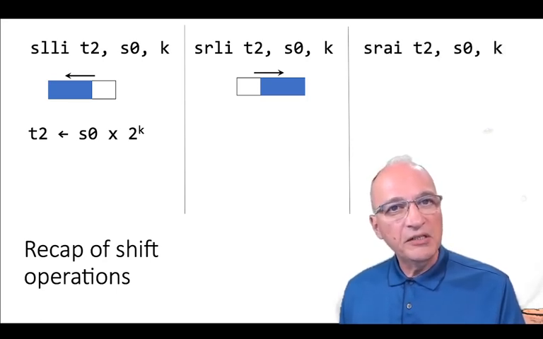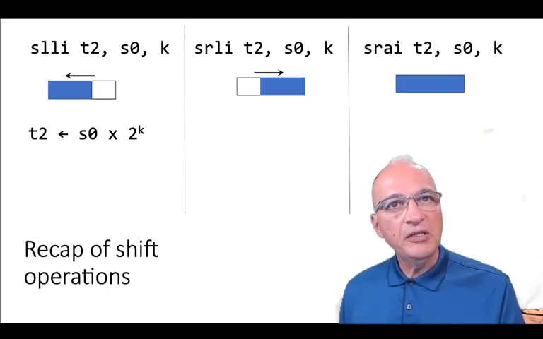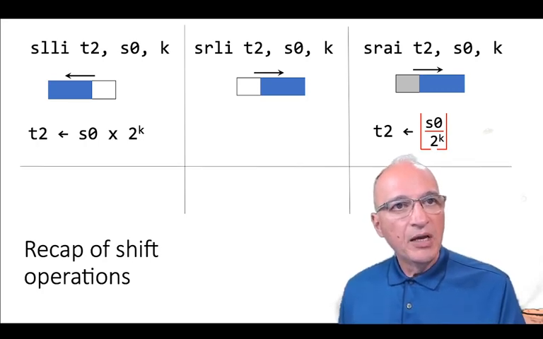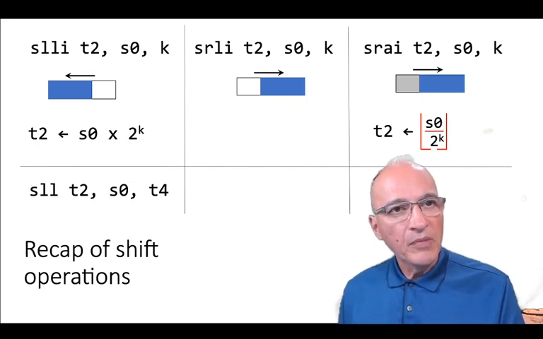Then I have the shift right arithmetic immediate, which again corresponds to a shift to the right, but in this case it does correspond to the floor of the division even for signed numbers. I also have non-immediate versions of each one of those instructions. So for the shift left logical, I can specify the number of positions to be shifted using registers.